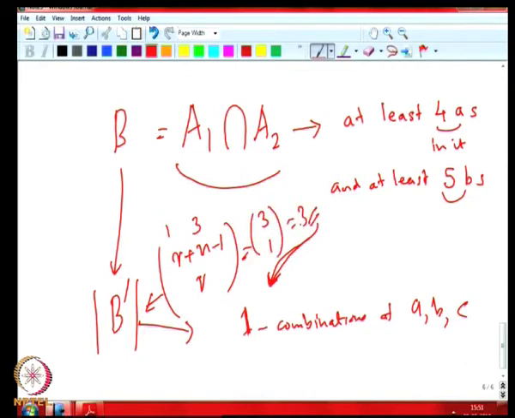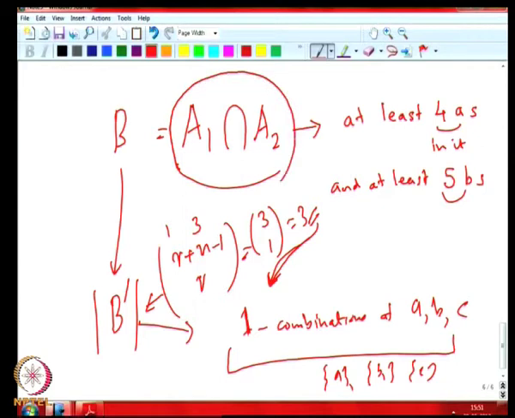Even without the formula we can easily find this, because these are just 1 combinations of ABC. Only 1 combinations are either A or B or C, there are 3 such things. We could have inferred without the bijective argument that A1 intersection A2 cardinality is indeed 3, because we need 4 A's and 5 B's. We already finished off 9 things by compulsion.